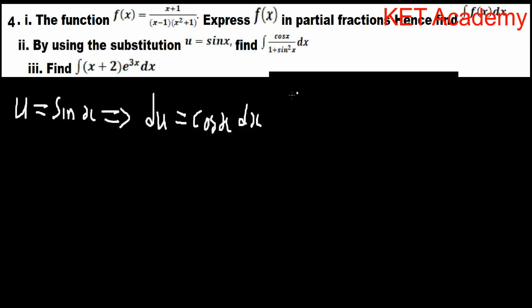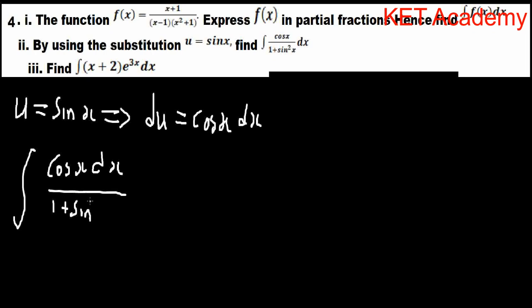Now we're differentiating with respect to x, so du will be equal to cos x dx. Now let's go back to our function. The function is cos x dx divided by 1 plus sine squared x. Now notice that du is the same as cos x dx, so this is what you'll be looking for in this kind of question, to always make sure you can equate something to something simpler.